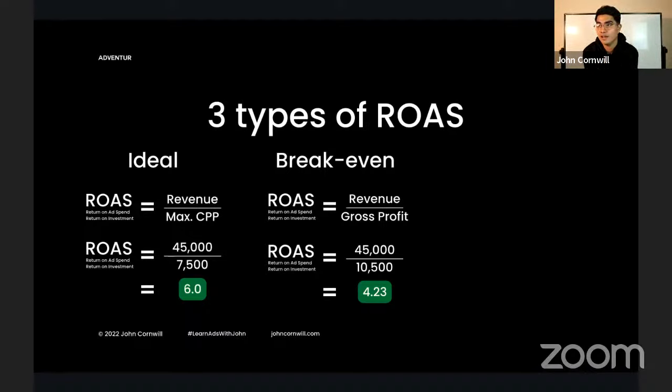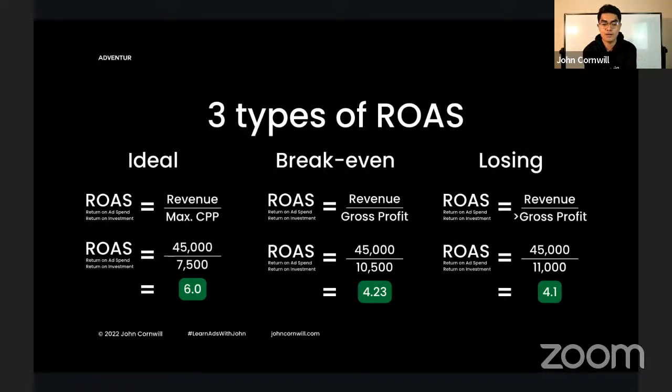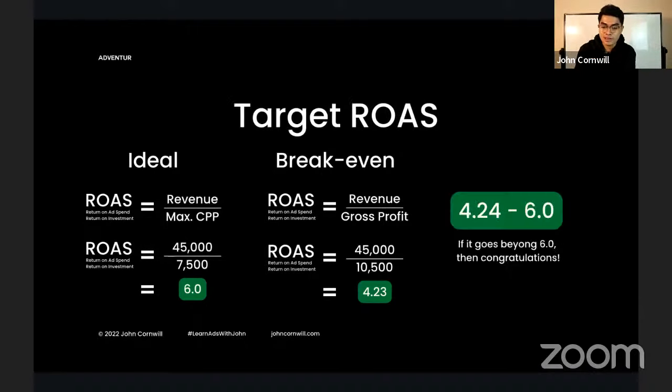Okay? Sige. Now, let's compute the losing ROAS. Yung losing ROAS is anything na above pa the gross profit. So let's say, assumption dito is 11,000 yung nilagay natin. So 4.1. So basically, anything below 4.23, that's your losing ROAS. Okay? So, based on this computation, we got this na parang interval ng ROAS na kailangan ma-reach.